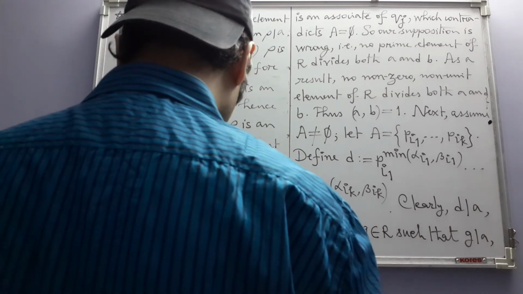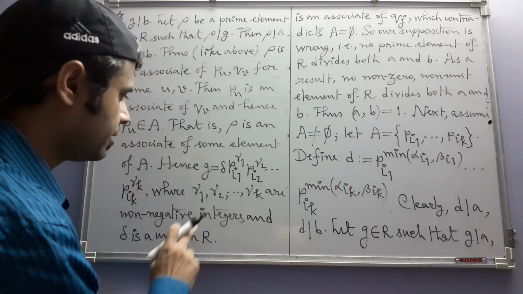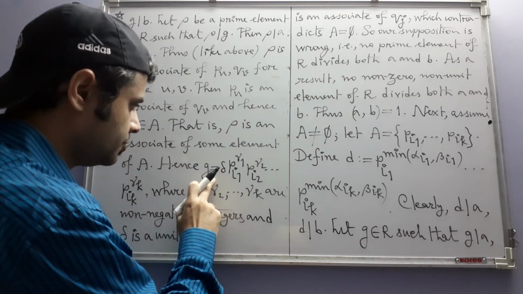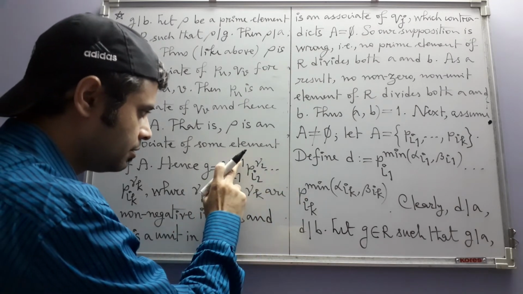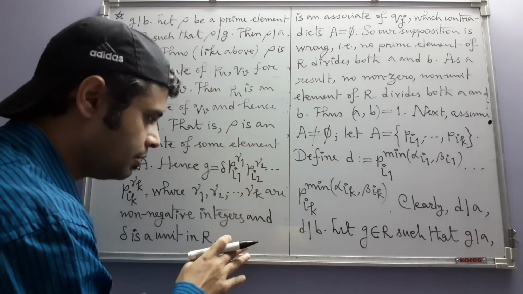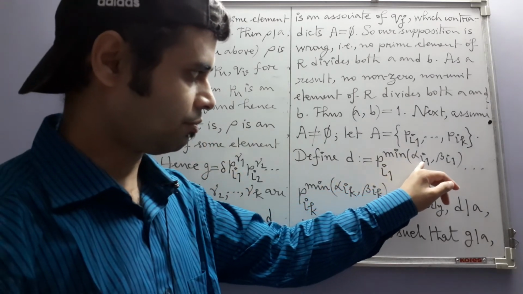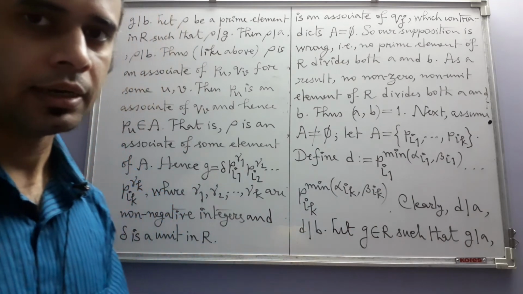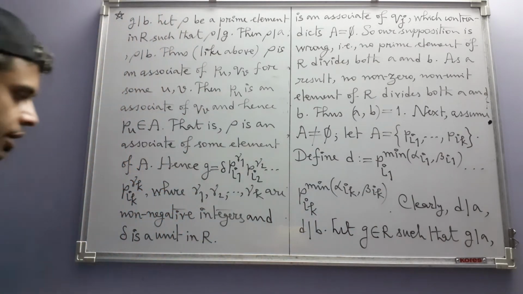Okay, so G now happens to be in this form. Now to prove that G divides D, we have to prove that each gamma j is less than or equal to minimum of alpha ij and beta ij, because then only division will be possible. Suppose that is not the case.